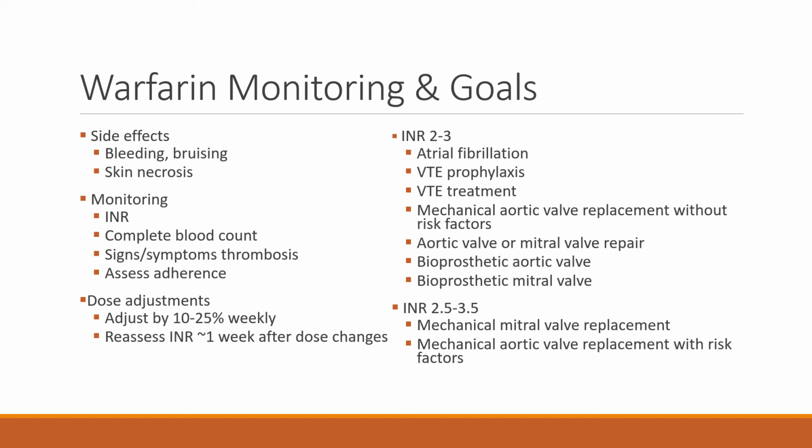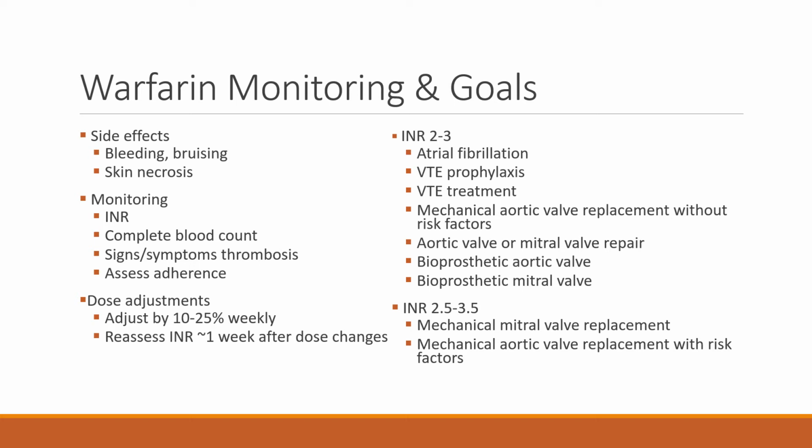With the INR goals, we typically see 2 to 3 for most indications. This would be like AFib, our DVT prophylaxis, VTE treatments, and then also aortic valve replacements without risk factors. So this would be different for the 2.5 to 3.5 below, where we see aortic valve replacement with risk factors.